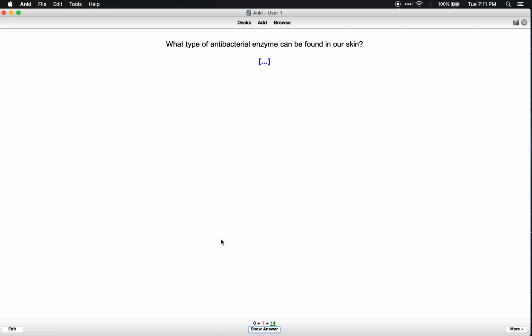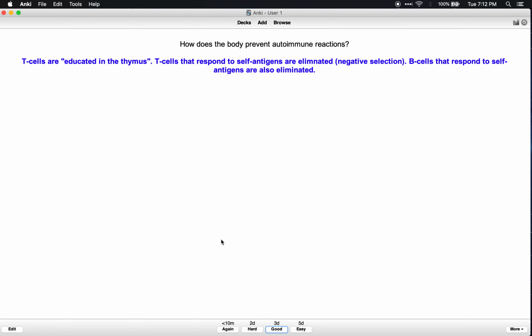Lysozymes are defensive enzymes found in our skin. Intracellular pathogens, so MHC class 1, are handled by cytotoxic T cells. How does the body prevent autoimmune reactions? T cells are educated in the thymus, meaning that T cells that are self-reactive and B cells that are self-reactive to self-antigens are destroyed.